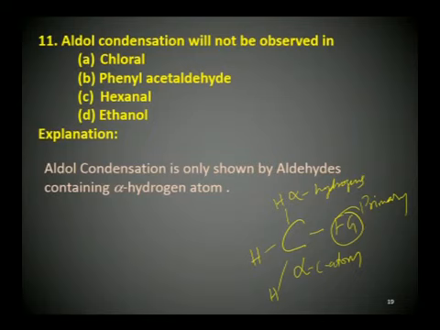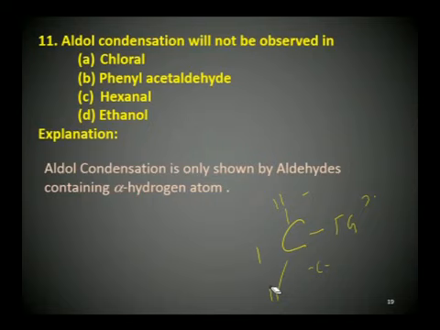In this question, we are speaking about aldol condensation. Aldol condensation is a reaction shown by aldehydes and ketones which are having alpha hydrogen. So, only those carbon atoms which are having alpha hydrogen can show this reaction.